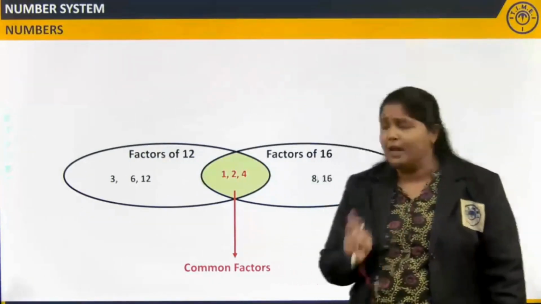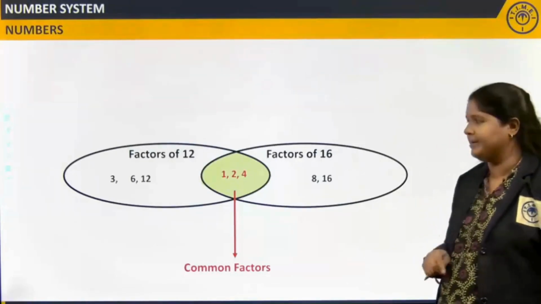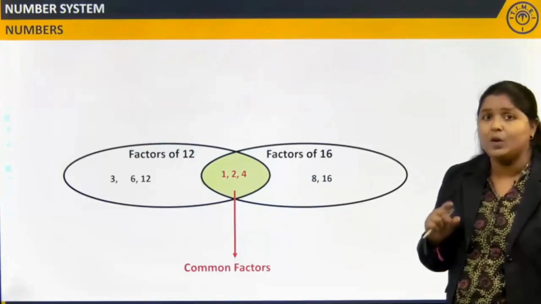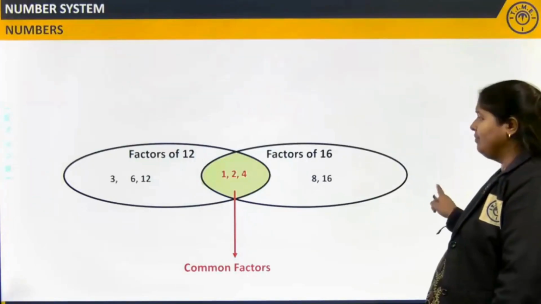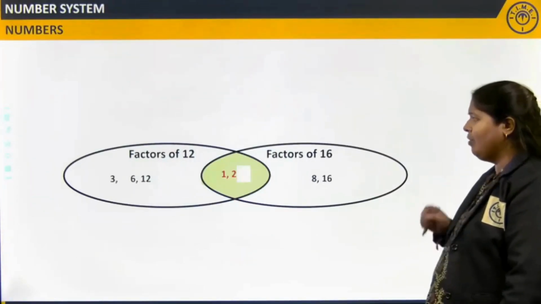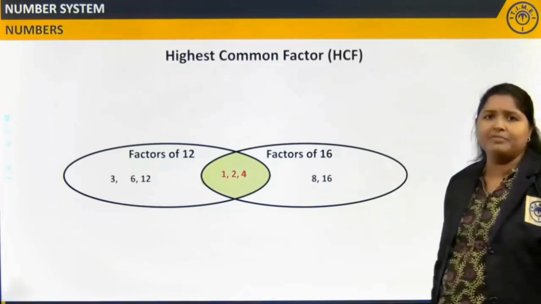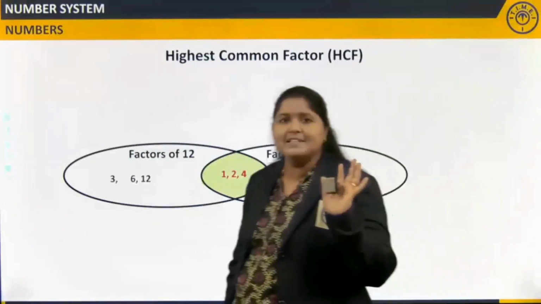Okay, fine. Now there is one more thing I want you to observe among common factors. How many common factors are there? 3 are there. What are they? 1, 2 and 4. Which is the highest of all? Greatest number? 4, right? That's nothing but the highest common factor, HCF, as simple as that. So what do we mean by HCF?